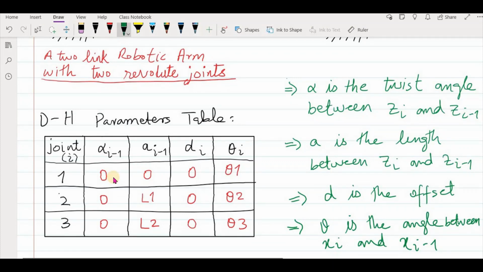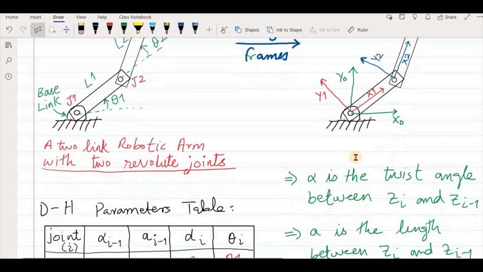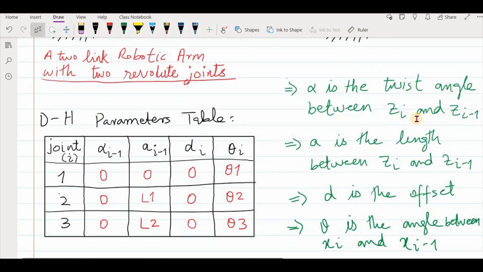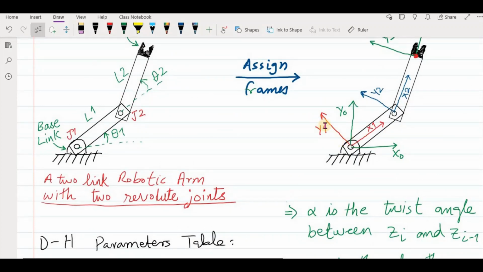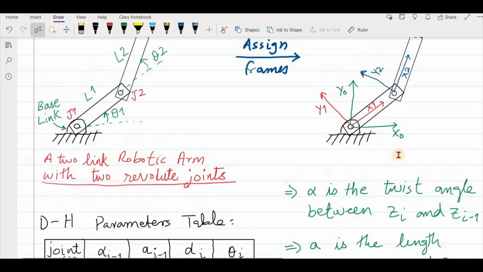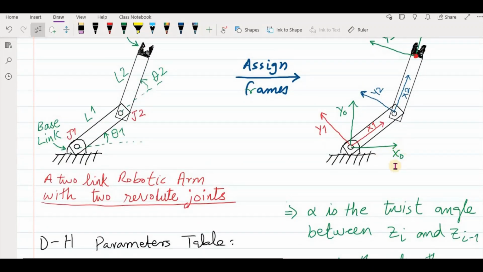We put alpha 0 here. One more way to make sure that alpha is 0: alpha is the twist angle between zi and zi minus 1. Now you are at frame 1, the zi frame, z1, and the previous frame is the reference frame, z0.